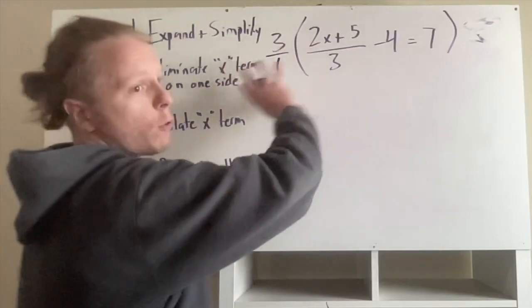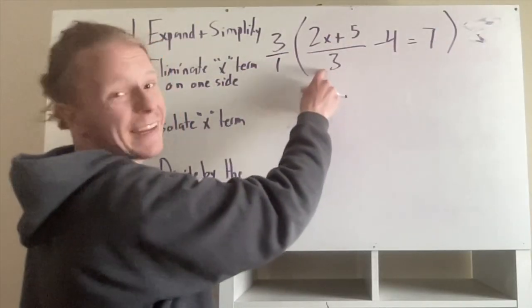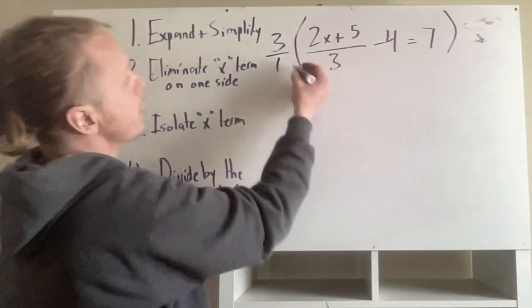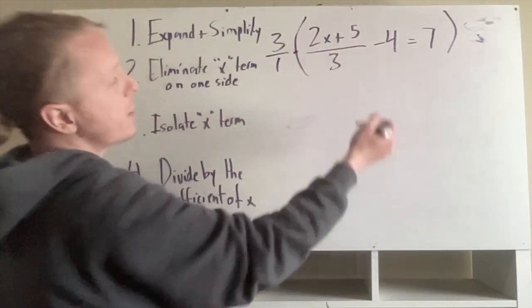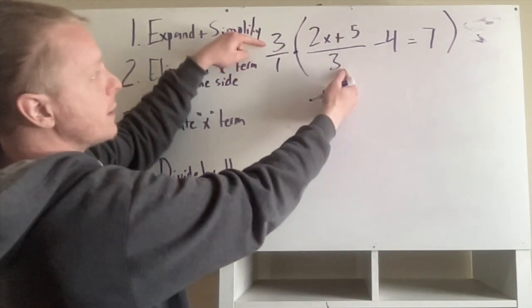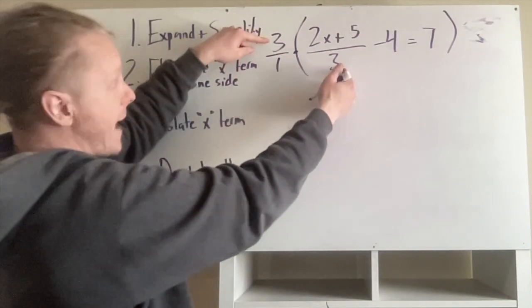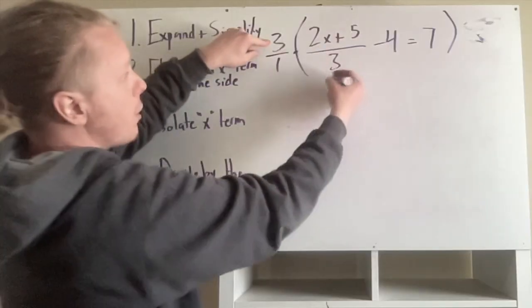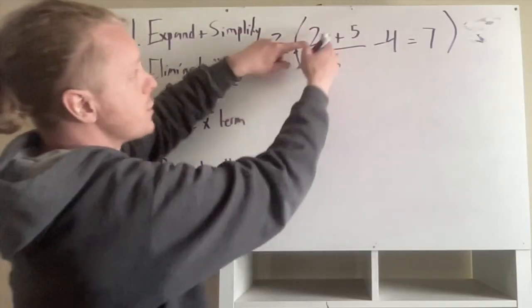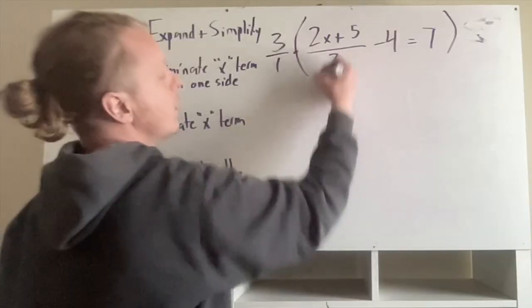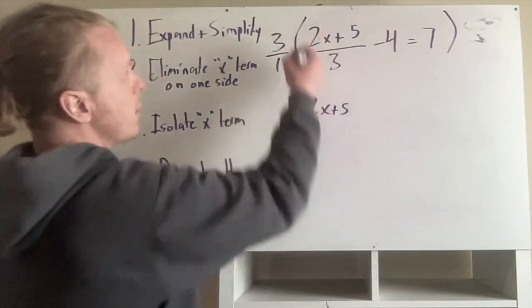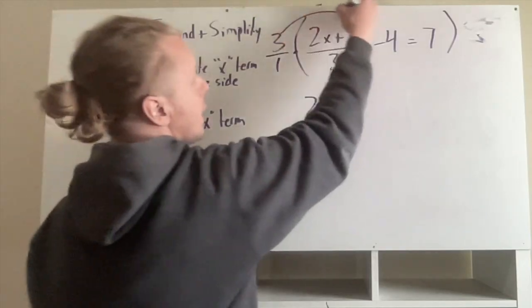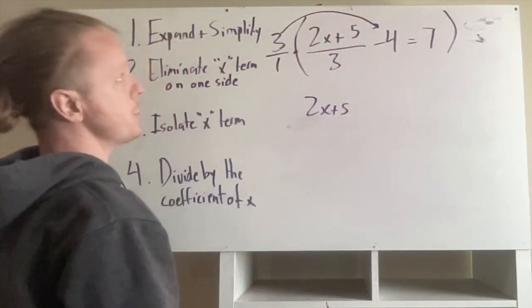So when I multiply the whole equation by 3, you'll notice that I then get rid of this fraction. 3 over 1 times 2x plus 5 over 3. Remember, with multiplying fractions, if we have the same number in diagonals, we can cancel them out. So in this case, when we multiply 3 times 2x plus 5 divided by 3, we're just left with 2x plus 5.